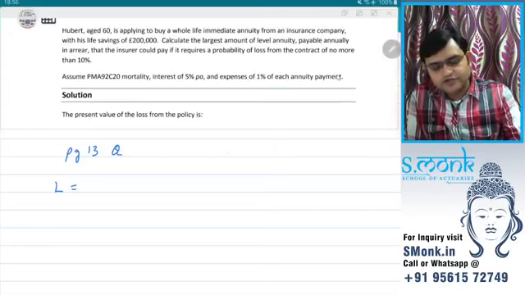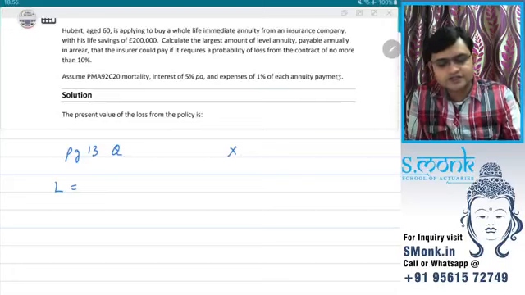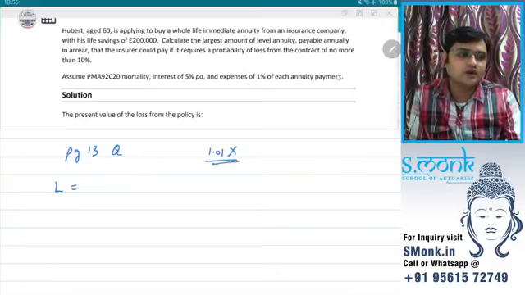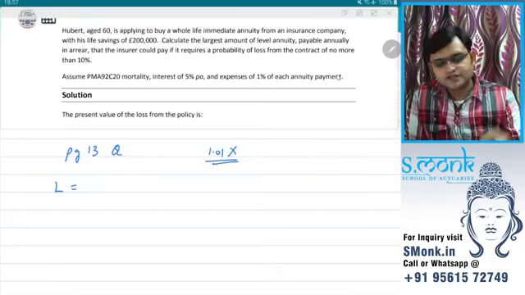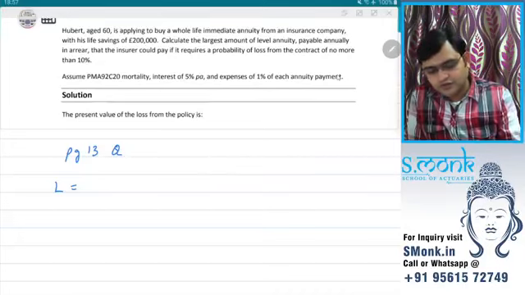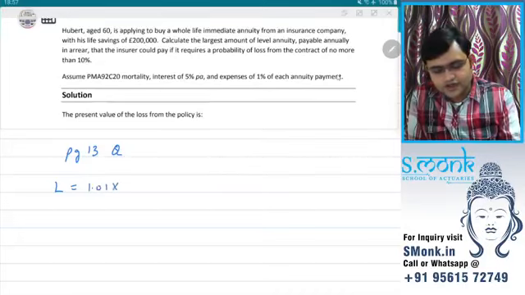So the benefit is going to be whatever annuity payment we are taking. Let's take it as X, and we are paying 1% extra as expenses, so it will just be 1.01 times X. This is the benefit plus expenses. So we'll say 1.01 X annuity payment in arrears.